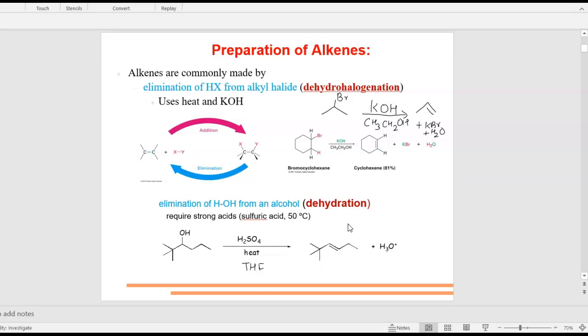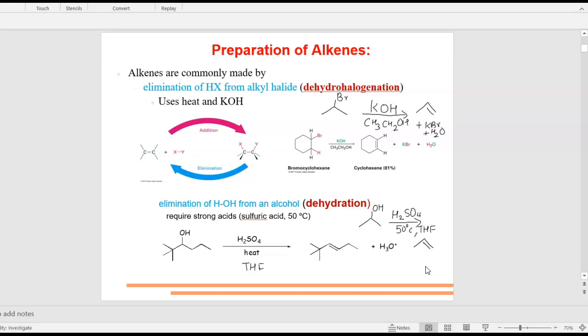Here again I can give you a similar example so that it helps you to remember. We'll put OH here and then do the same thing. We have the reagents on top of the arrow. Here it is sulfuric acid, and then we are heating it to 50 degrees Celsius in THF. Remember, this THF is a solvent. It is not going to react with the reactant here.